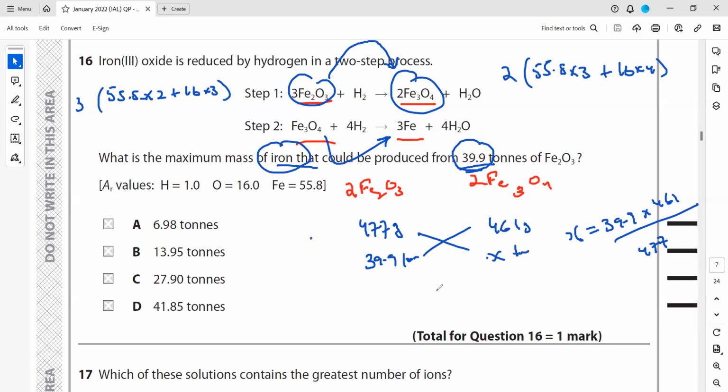What's the answer? 39.9 multiplied by 461 divided by 477. 38.561. So this one we are getting 38.561 grams. Sorry, tons.